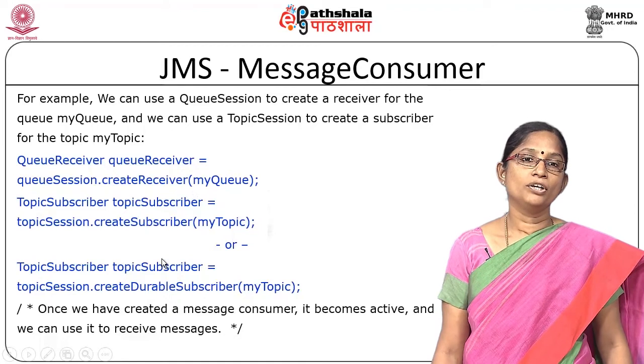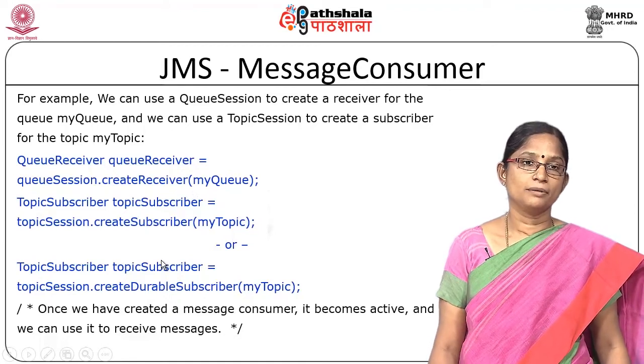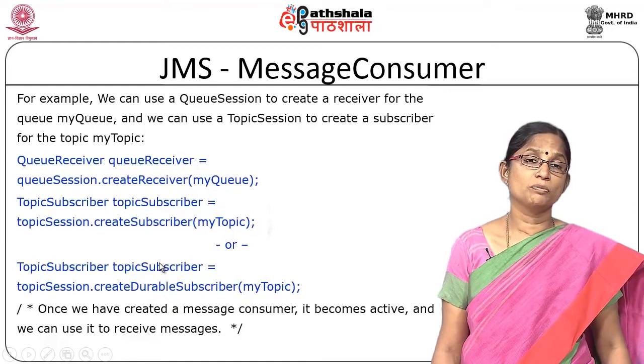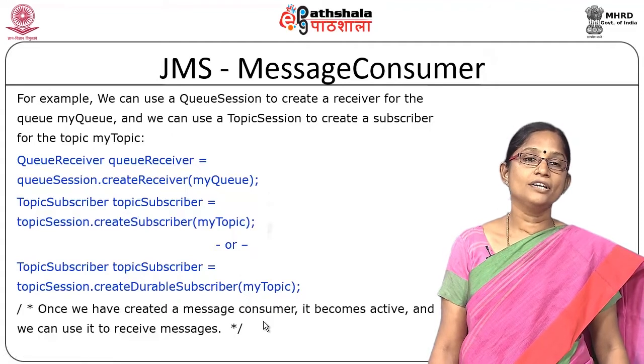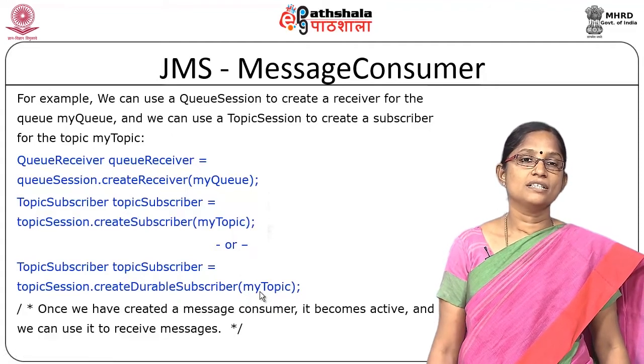Suppose we want to create a durable subscriber, which may last for a long time, then we can call the method create durable subscriber instead of create subscriber. Once we have created the message consumer, it becomes active and it is ready to receive the messages. So, these are the two message consumers, either following the topic or following the queue.